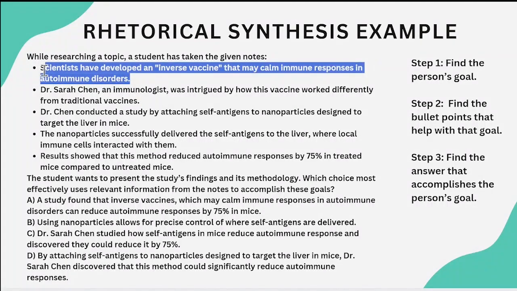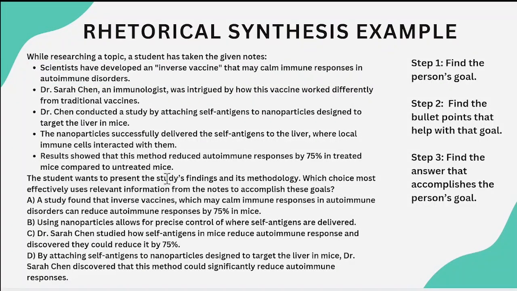We don't need to know this, as it's not talking about the study's findings or its methodology. So next one. Dr. Sarah Chen, an immunologist, was intrigued by how this vaccine worked differently from traditional vaccines. So once again, this is probably why she wants to do this study, but this isn't actually helping us with the study's findings or the methodology of the study.